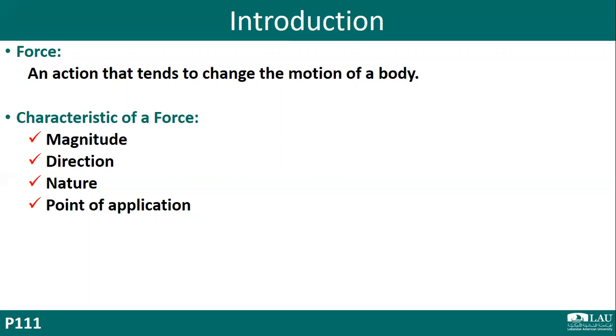We have four characteristics to describe a force or any vector: the magnitude, in Newtons, the direction, the nature, is it a pull or a push, and the point of application.